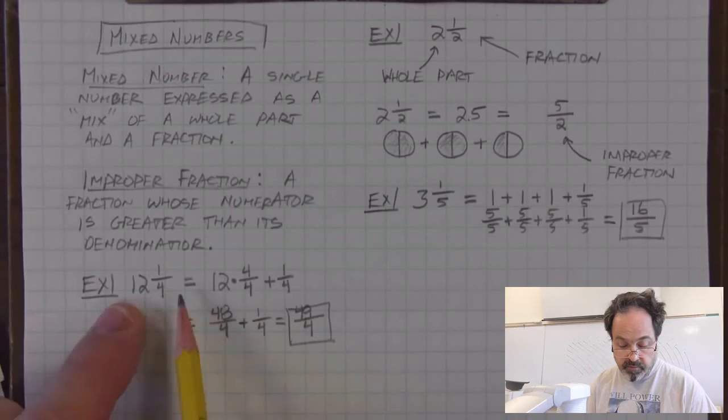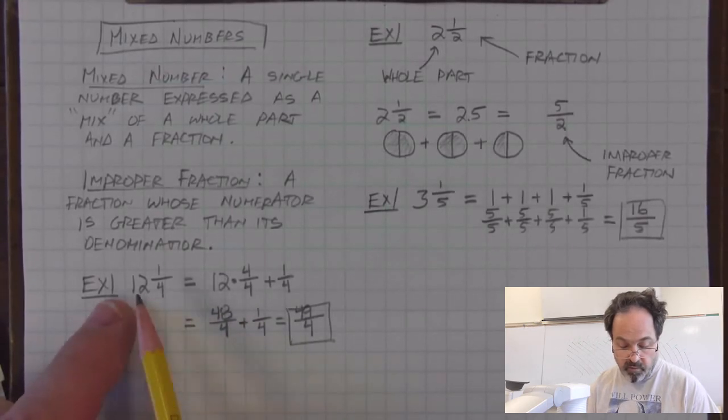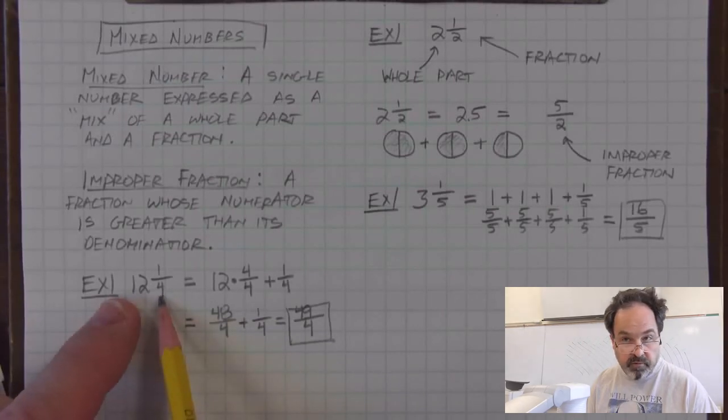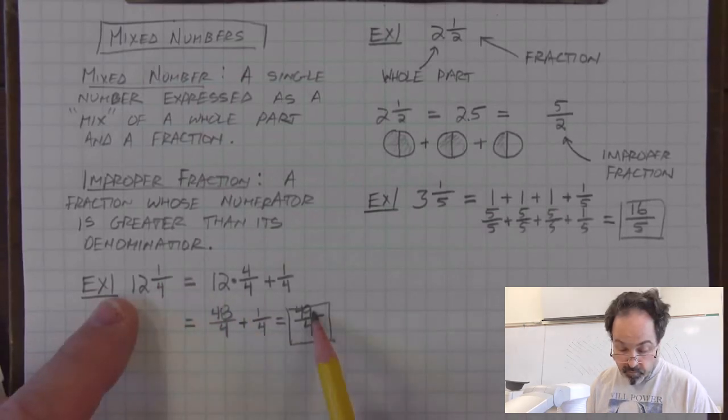The fastest way to do this is to multiply the whole by the denominator of the fraction and add the numerator of the fraction. 12 times 4 is 48, plus 1 is 49. That's how I got the 49 in the numerator, and we're still working with quarters.